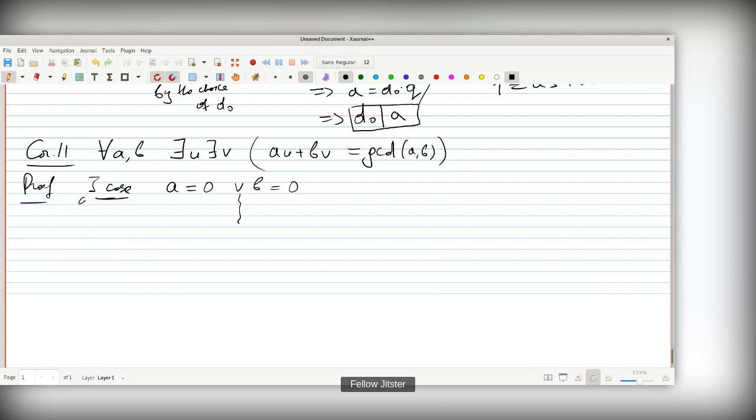So here the greatest common divisor of 0 and B equals the absolute value of B, and on the other hand, the absolute value of B equals 0 multiplied by whatever number, which is our A, plus B multiplied by the sign of B. So that's all. Here it is similar.